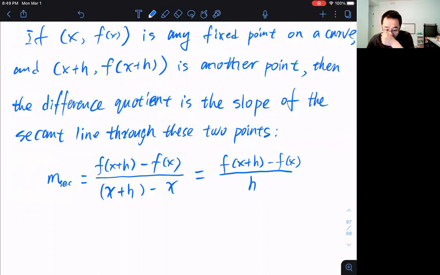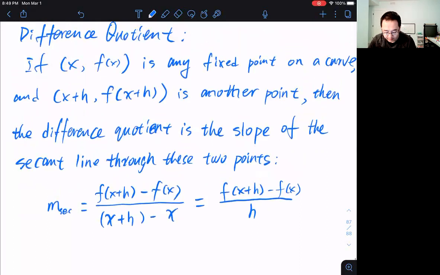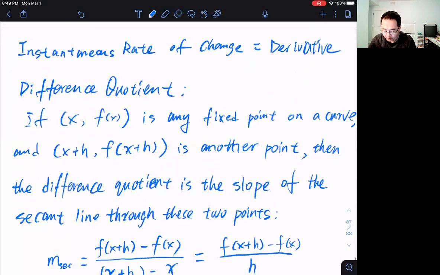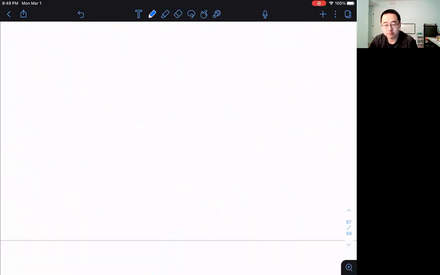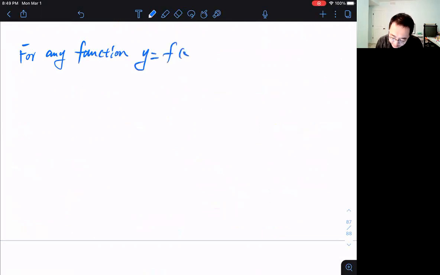And now, to understand this better, like I said, it's best to just introduce the idea of the derivative, and then we can go back and talk about the instantaneous rate of change. So a derivative, okay, it's denoted for any function, okay, y equals f of x.